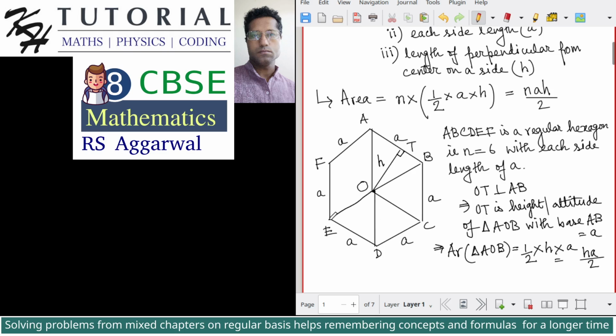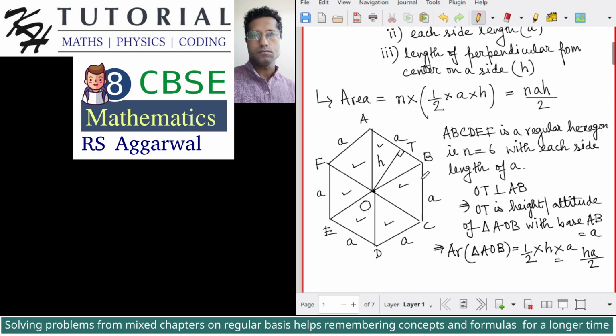I have joined OE, and if I join OF, so you see there are six congruent triangles formed. So this is the first triangle, this is the second triangle, third, fourth, fifth, sixth.